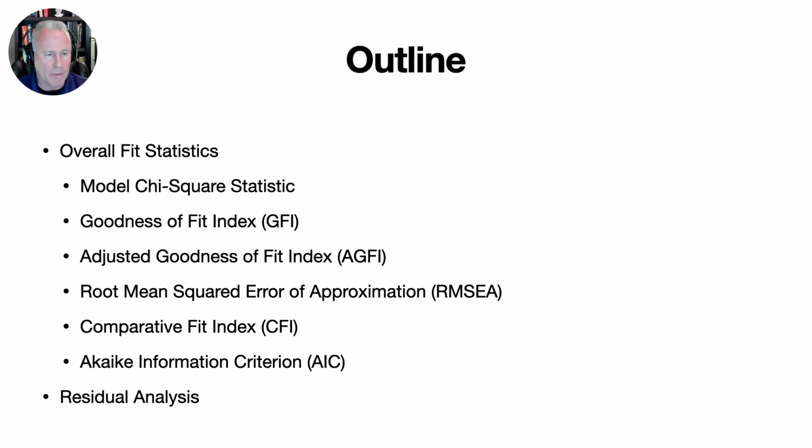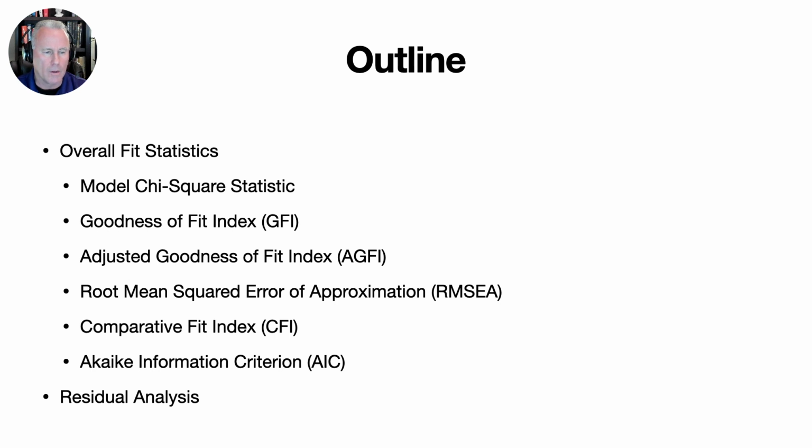Here's an outline of what we'll be looking at in this video. We'll first look at a number of overall fit statistics. The first will be the model chi-square statistic. We'll then look at the goodness of fit statistic. There is an adjusted goodness of fit index as well that takes into account the number of parameters in the model.